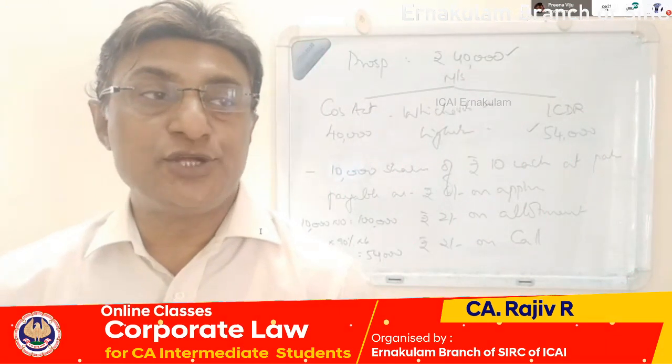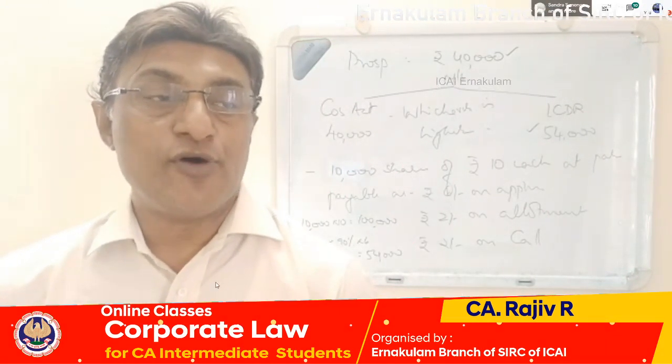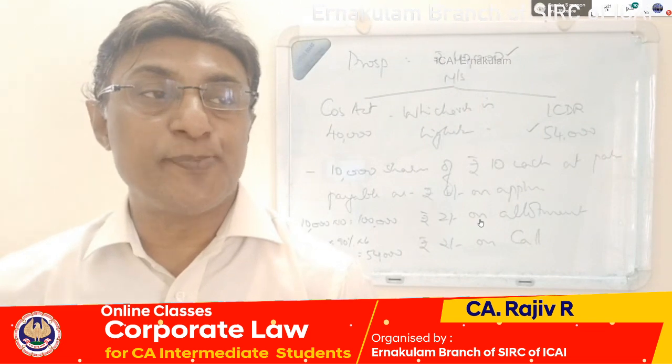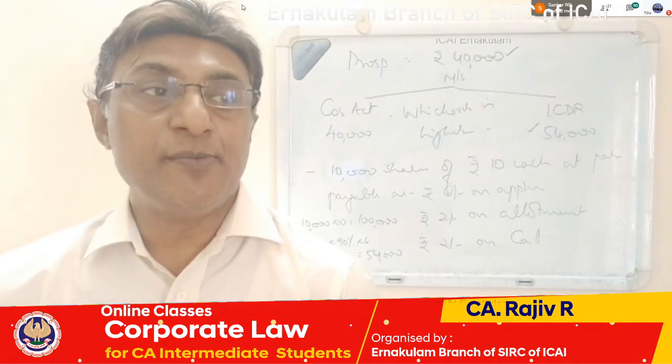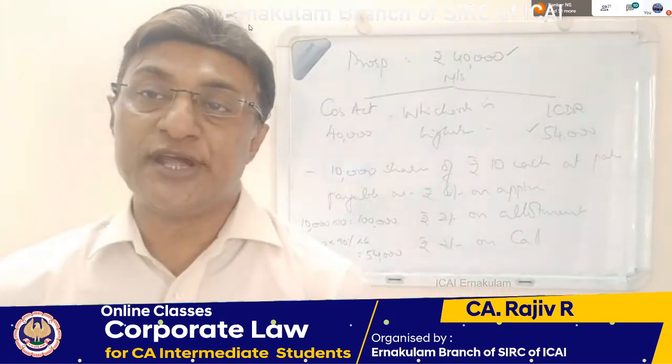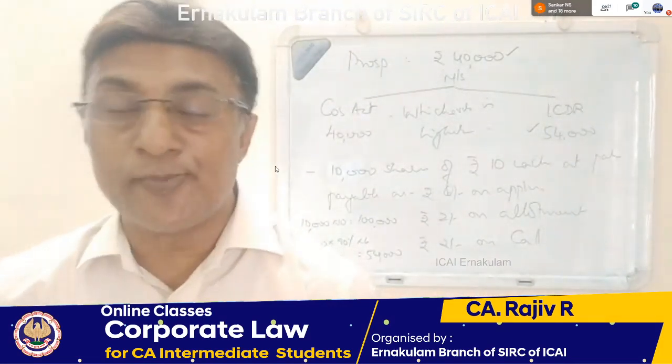Okay, XYZ Limited issues a prospectus for the issue of 10,000 equity shares of rupees 10 each, payable as follows. On application, rupees 6 per share. On allotment, rupees 2 per share. On call, rupees 2 per share.